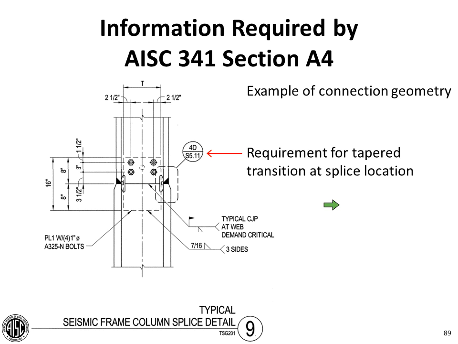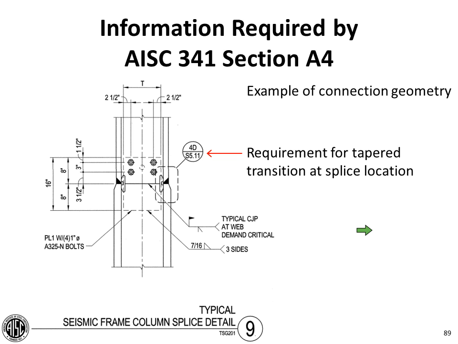The actual requirements for tapered transitions used to be specified in AWS D1.1. Now the requirement is that in D1.1, tapered transitions are required where the engineer says they're required.